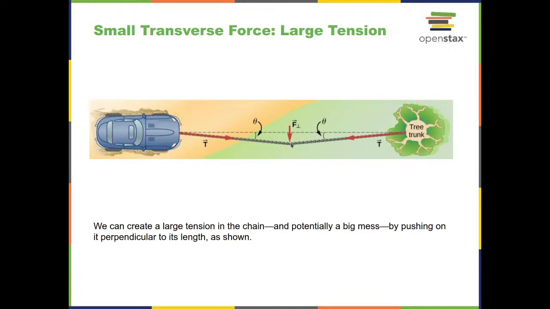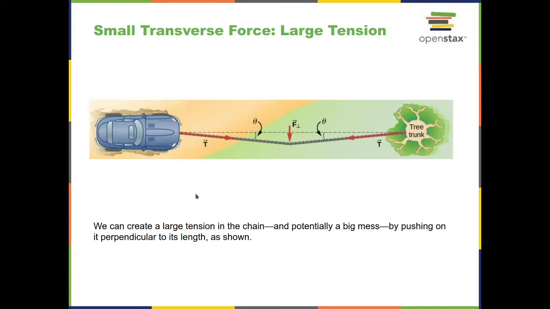Of course, it relies on this angle theta being small. So having a small theta will cause an amplification or a magnification of your force that is applied in the transverse direction. As soon as this angle, of course, becomes large, then you lose that magnification.